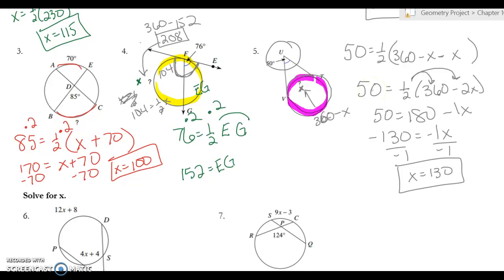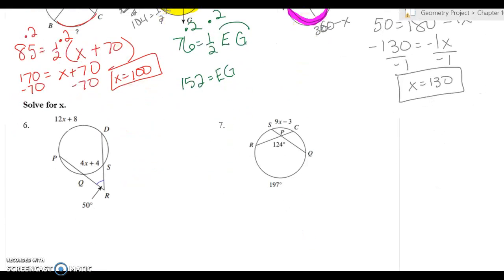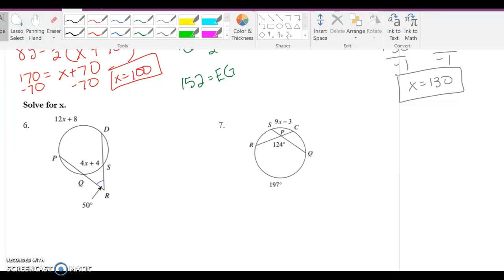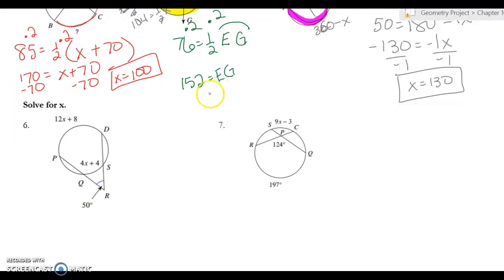Your angle equals half. All right, 6 and 7 are complicated also, but again, focus on angle equals half. So for number 6, my angle equals half. And then for this one, I'm on the outside, so I'm going to subtract. So I'm going to subtract 12x plus 8 minus this other one.